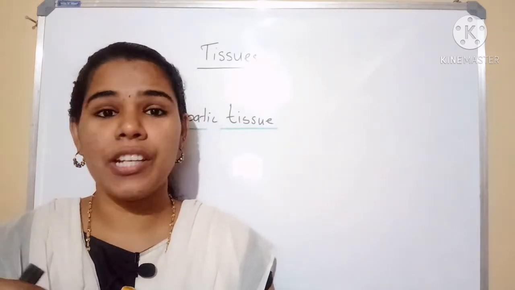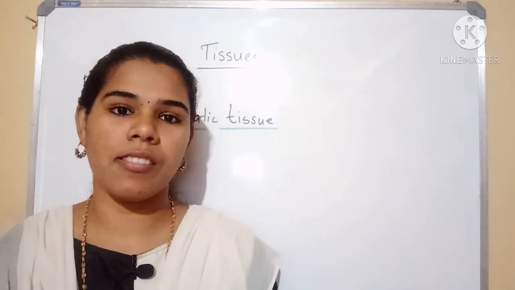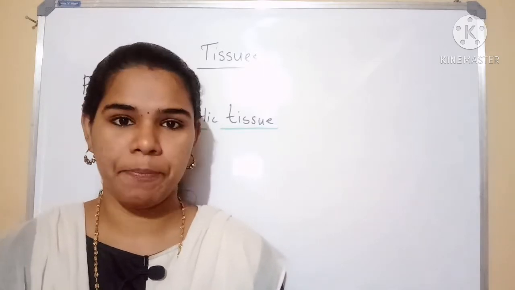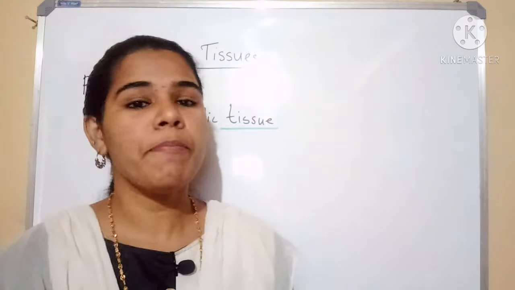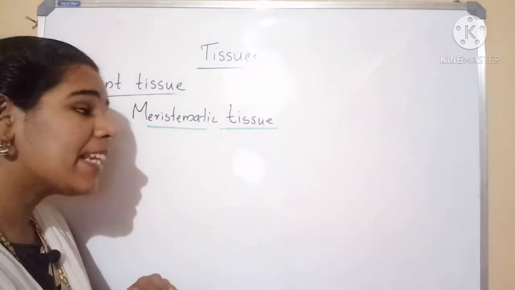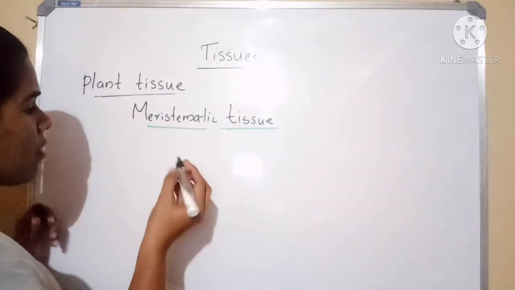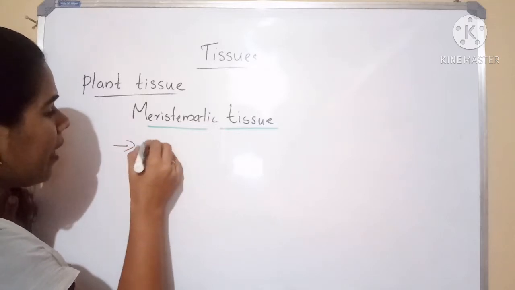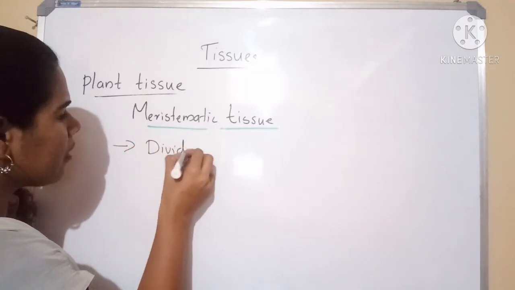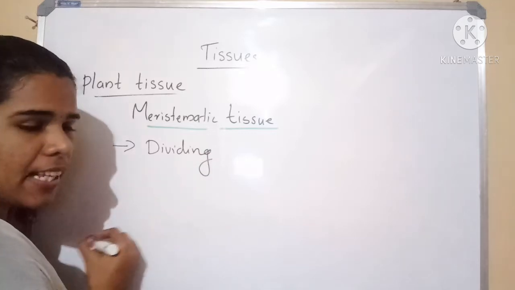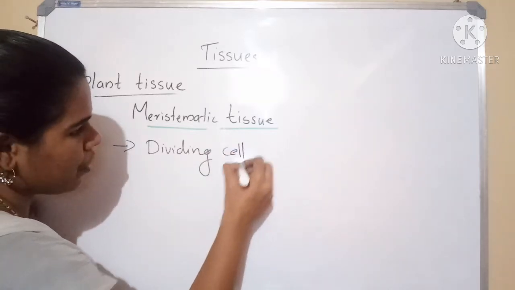They differentiate into different parts of that particular plant. So meristematic tissues are dividing cells or dividing tissues.